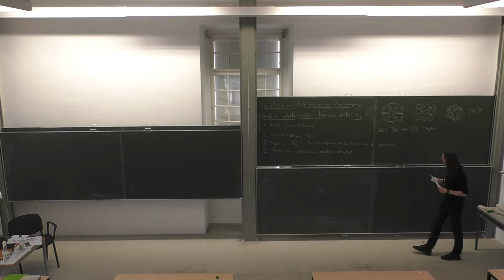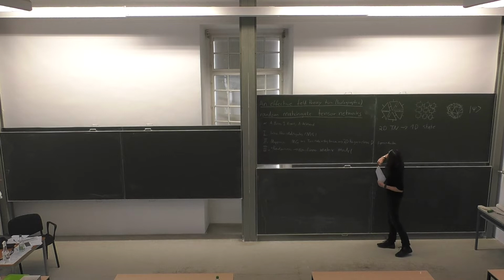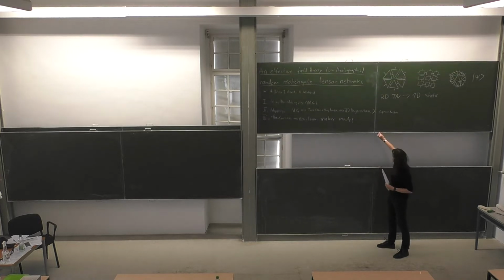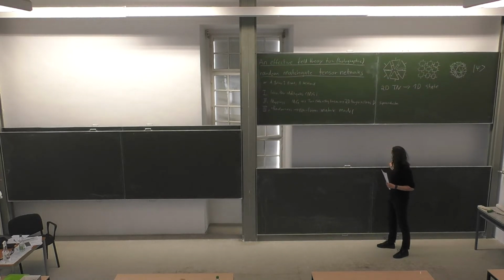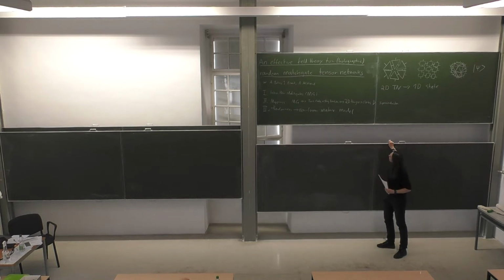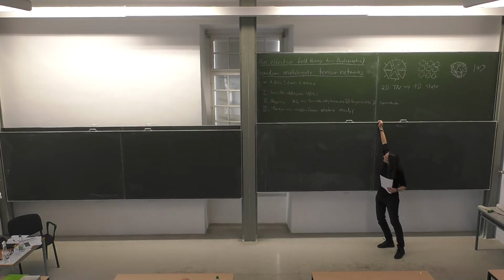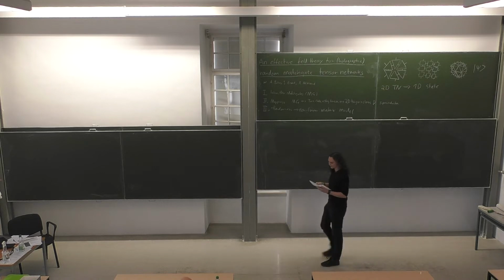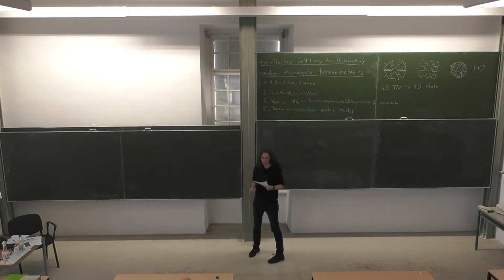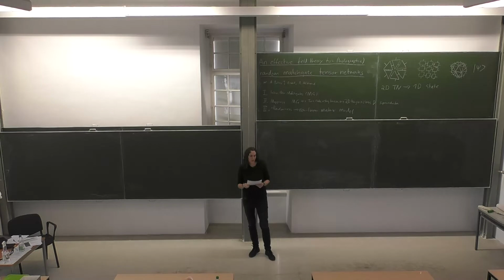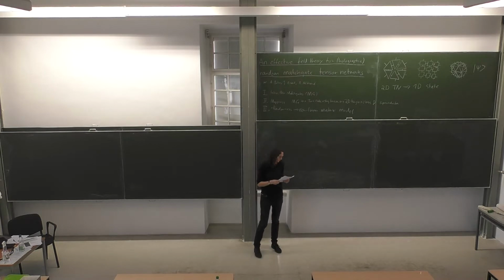Okay, so the starting point of this project was a few years back, when there was still a lot of debate on how tensor networks can be used to tell us something interesting about ADS-CFT.